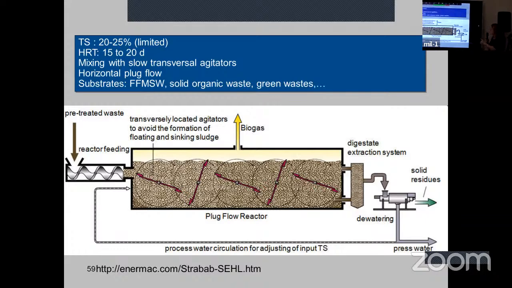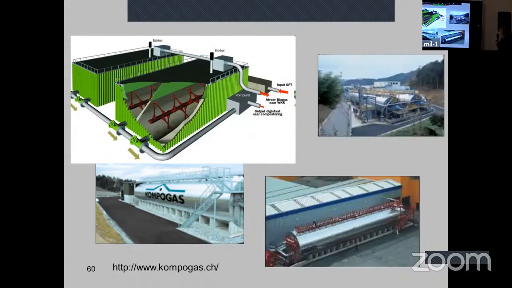And here you can see that the mixing is made by different transversal agitators. You can also have solid separation at the outlet to recover some liquids for the process. Here is the real picture of this process.